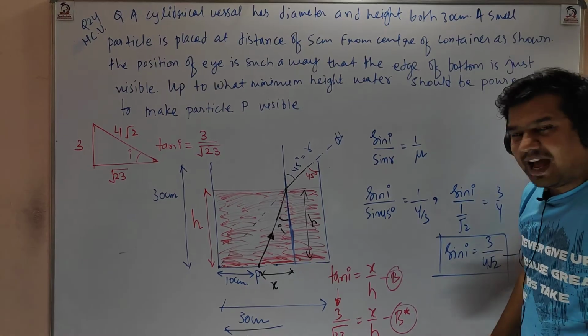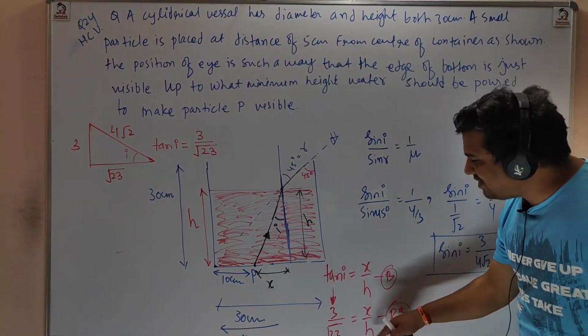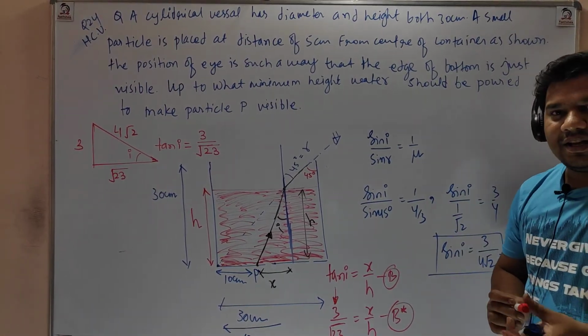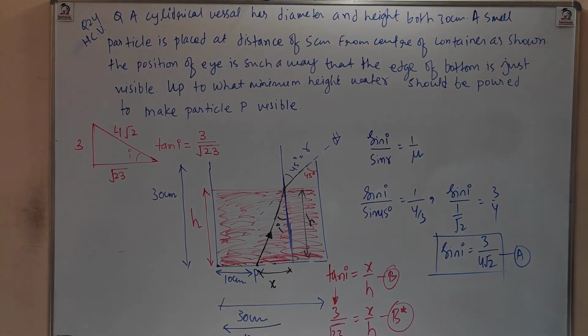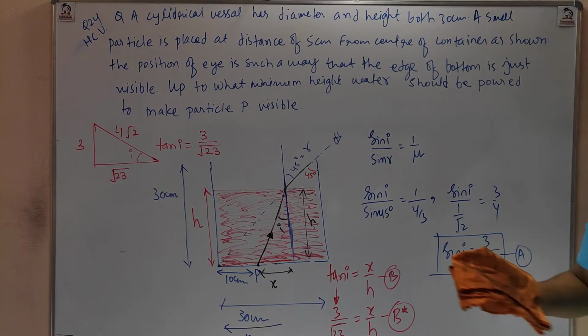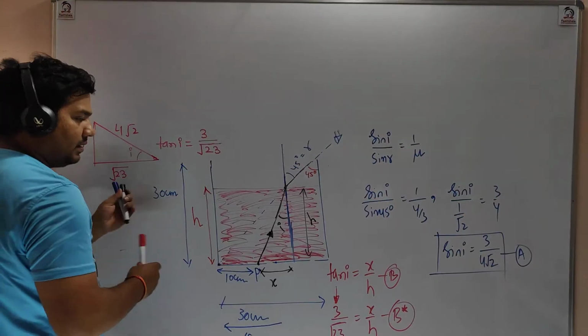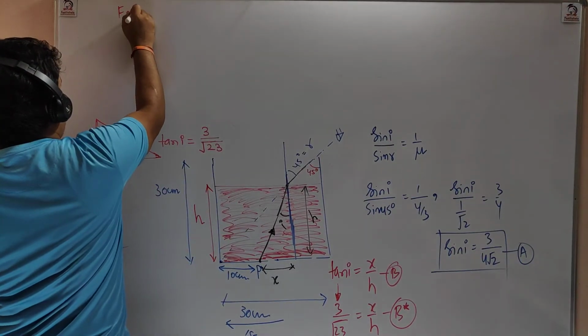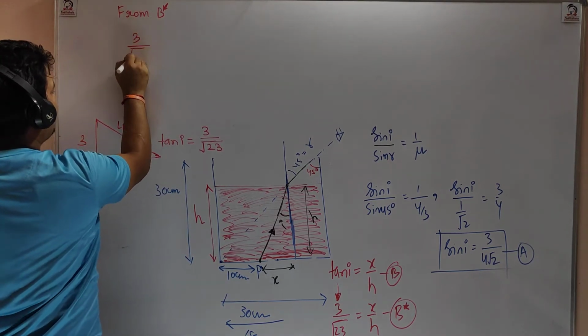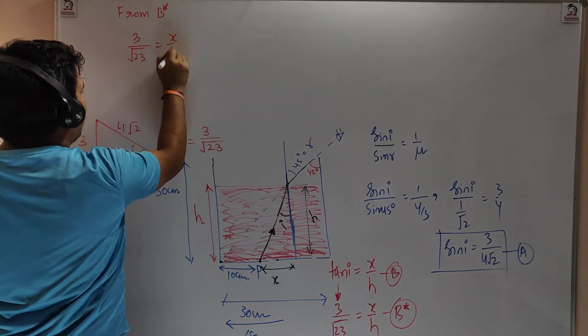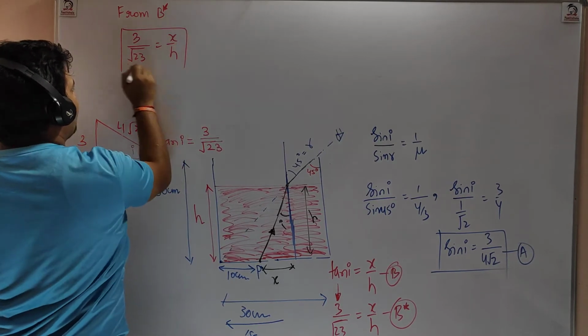We have two unknowns. x is also unknown and h is also unknown. Shall I rub this diagram for further calculation? From this we can write 3 by root 23 is equal to x by h. So we have two unknowns.